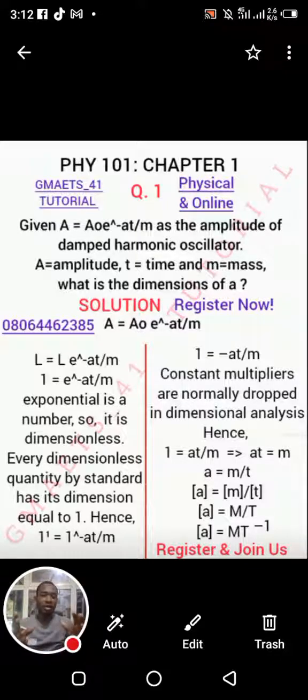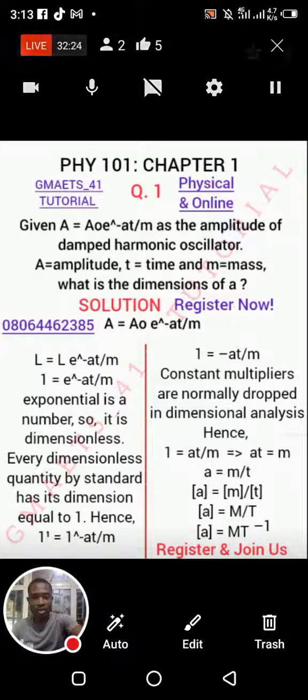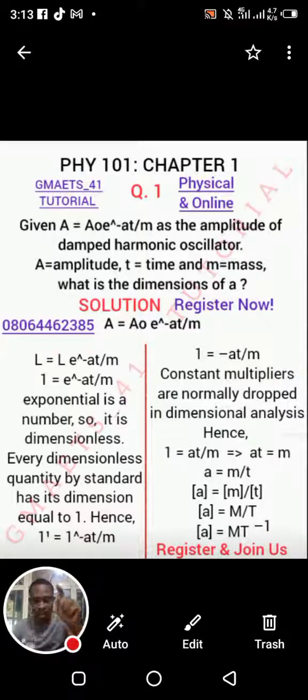So this is based on this equation, and the equation is the amplitude of a damped harmonic oscillator. We are asked to get the dimension of A. Now I've decided to present this in a standard form of solving, step by step.